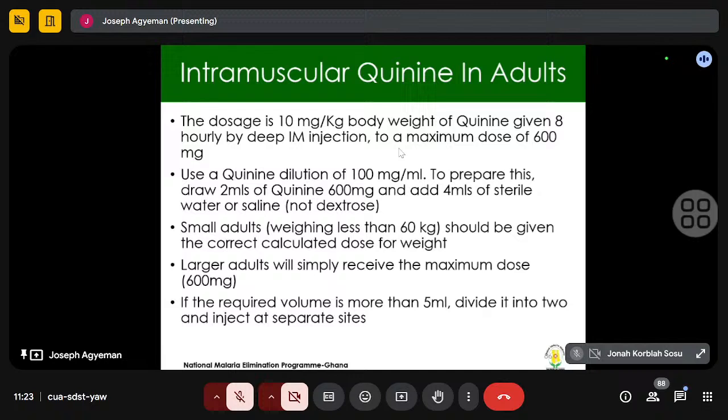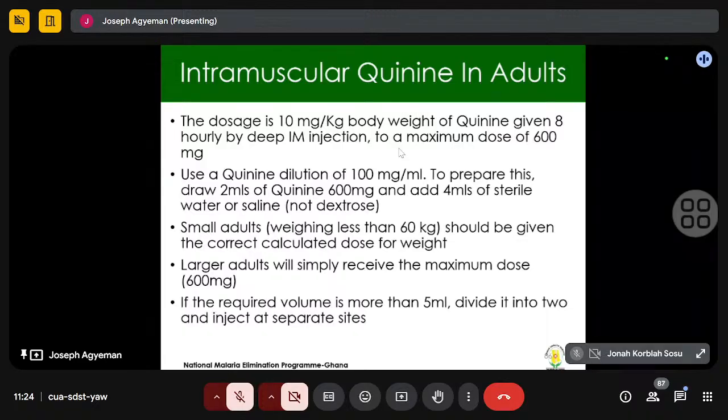We get 3 mils, 3 mils, and inject each of them at separate sites at the same time. So if you are choosing, let's say, your anterolateral thigh or your buttocks, left buttock, right buttock, each will take 3 mils, meaning you have introduced 300 milligrams into each.